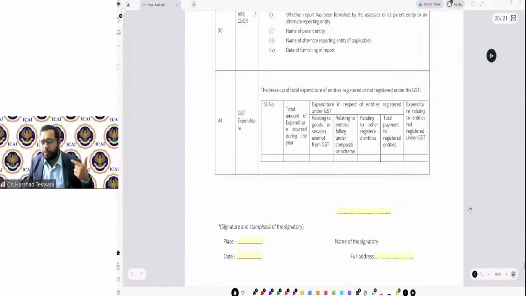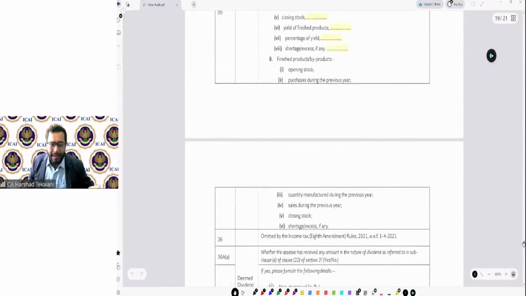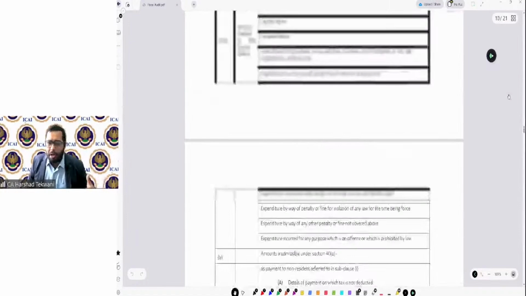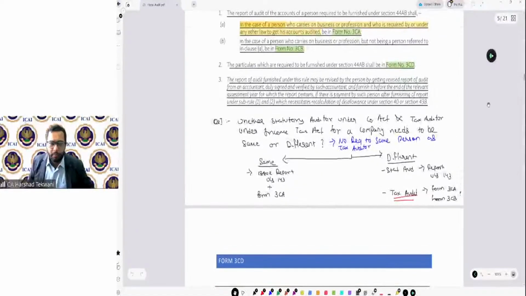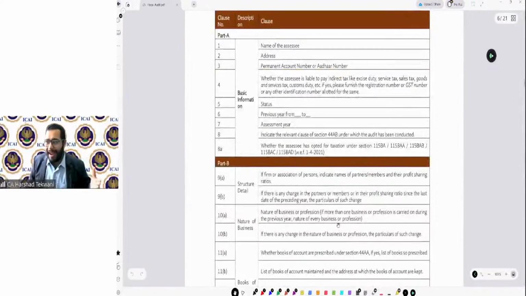Each clause has a serialized number, but there are more than 44 clauses, because you have sub clauses, and clauses which were inserted later, like 36A, over and above the normal clauses, which were added later on in form 3CD. So you have more than 44 clauses, but on a serialized basis, you have clause 1 to clause 44 in form 3CD.